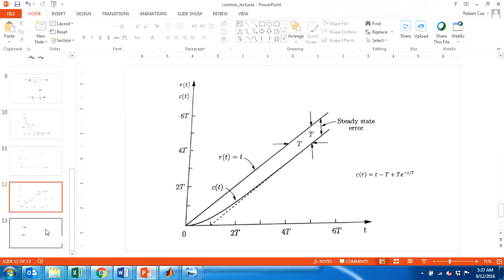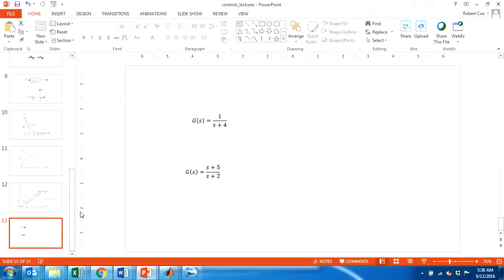All right, now, where I ended up last time, and where I want to finish up today, is to talk about how we will look at the transfer function and try to relate a lot of these time domain performance specifications to what's going on in the s-domain. So let me look at an example.